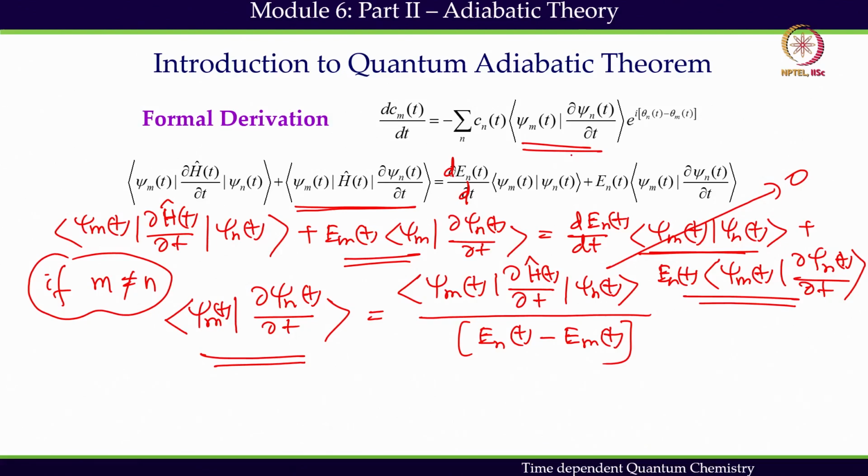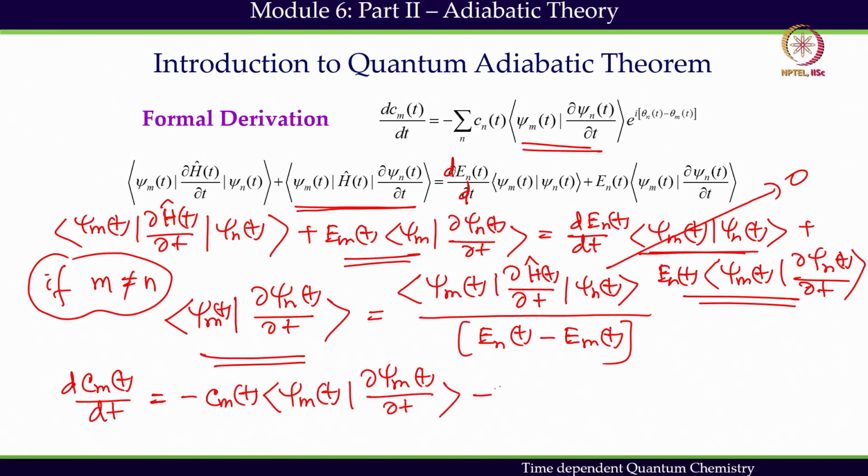So we can insert it, and if we insert it, what we get here is dC_m(t)/dt equals, I have to write down C_m(t) then psi m(t) dt minus all other summation where n not equals m, that is the condition we have selected.